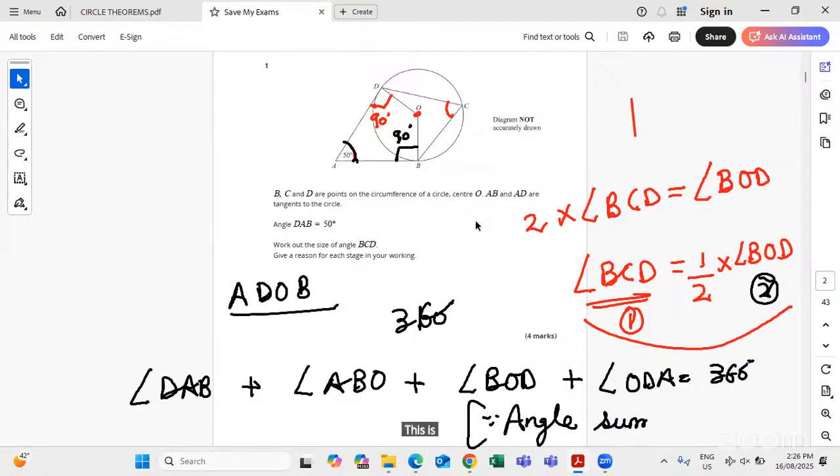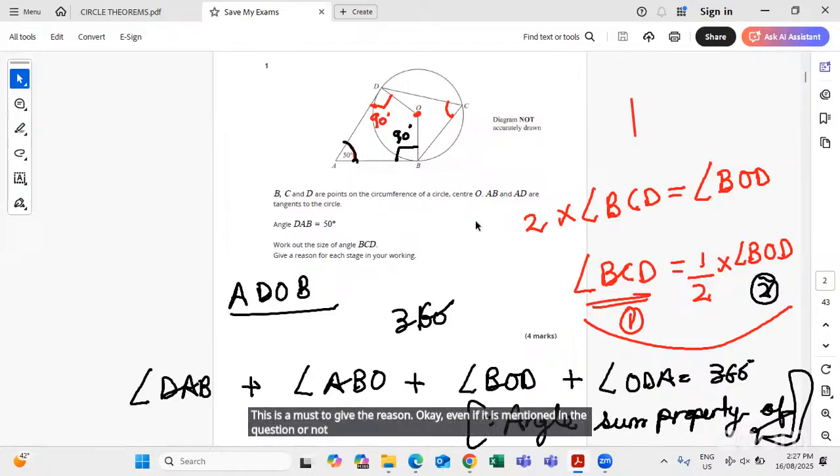This is a must; even if it is not mentioned in the question, you have to write it.